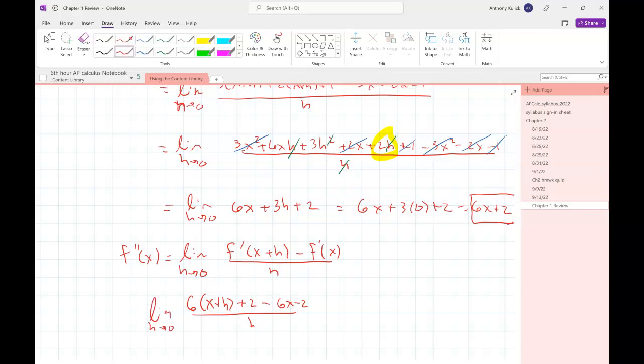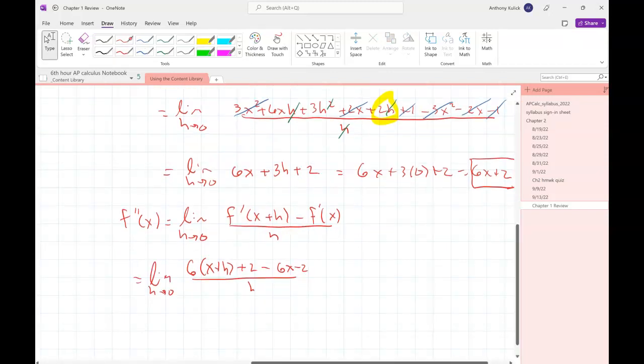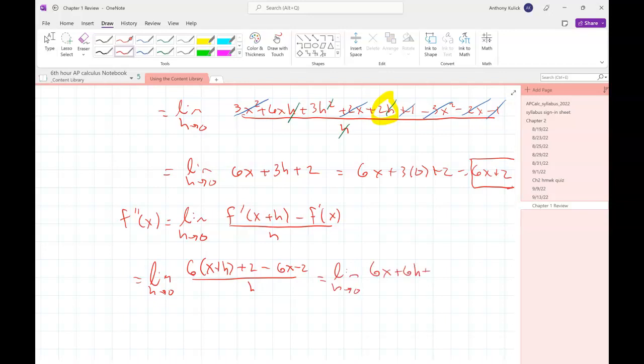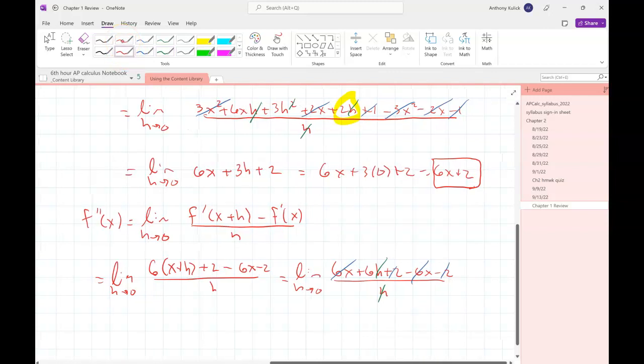Yeah, you're being bad, Mr. Kulik. Can go ahead and distribute through the 6. And then if I combine my like terms, 6x and negative 6x, 2 and negative 2, and then everything left contains a factor of h, reduce those out and do the direct substitution, I just get 6.